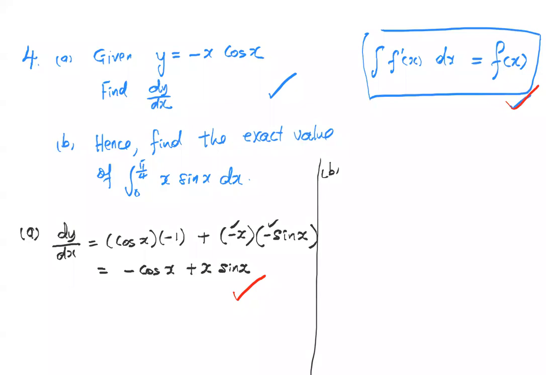Okay, let's see what to do. So now I start from here, this step. So I will write down, integrate negative cos x. If there is a plus or minus, actually I can break into 2 parts, but I just put all together first.